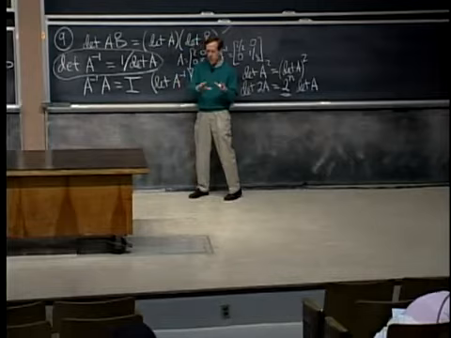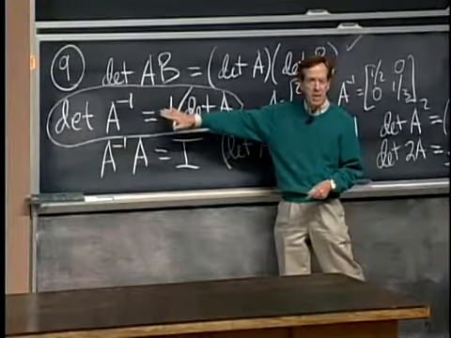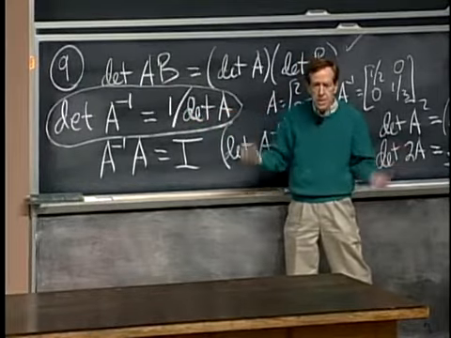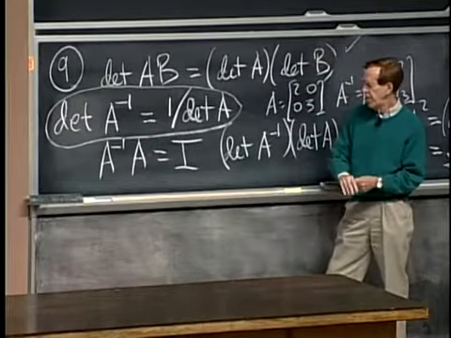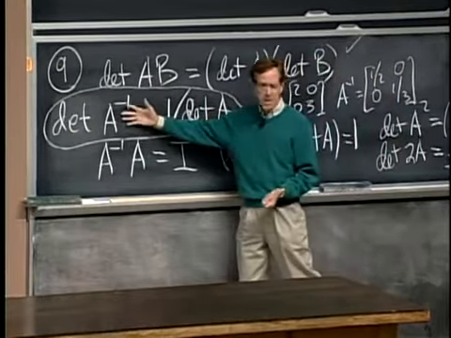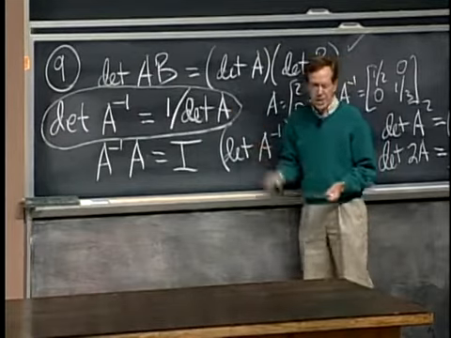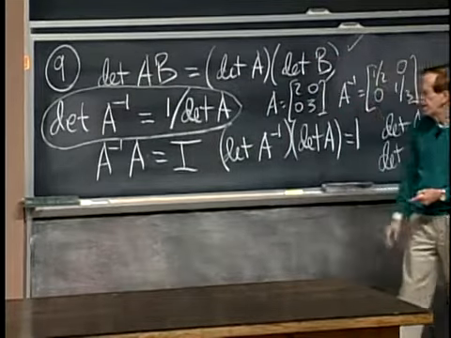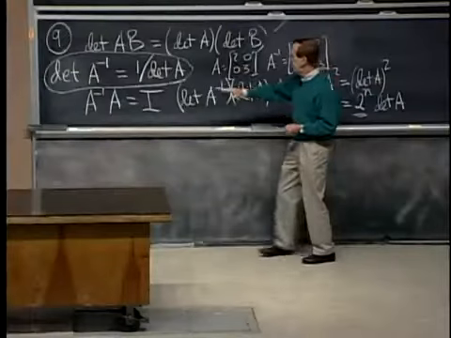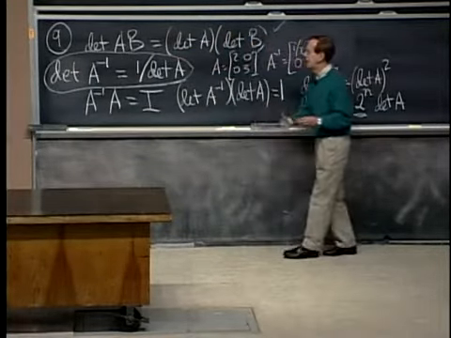The case when determinant of A is 0, that's the case where my formula doesn't work anymore. If determinant of A is 0, this is ridiculous, and that's ridiculous. A inverse doesn't exist, and 1 over 0 doesn't make sense. Okay, so don't miss this property. It's sort of amazing.